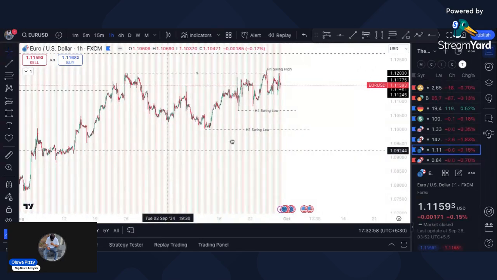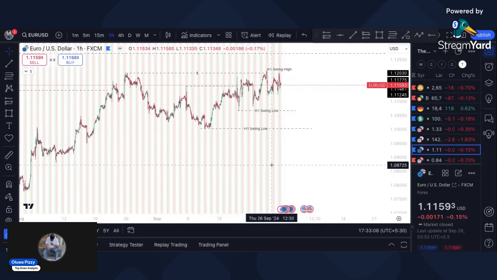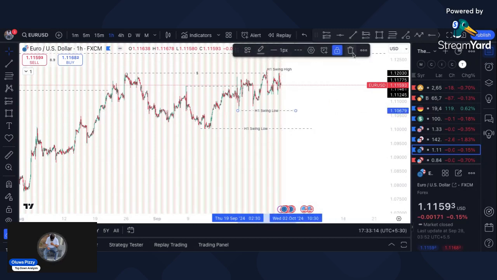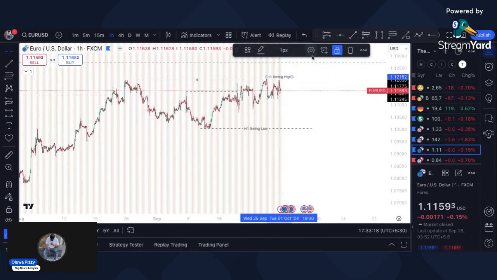So right now, this is where we have to pay attention. This way we have to pay our attention immediately to know what we will be expecting for the week.